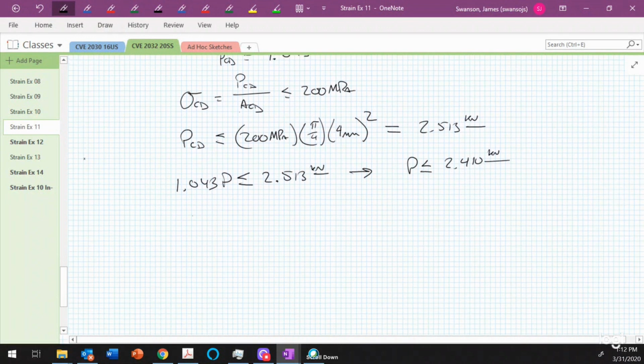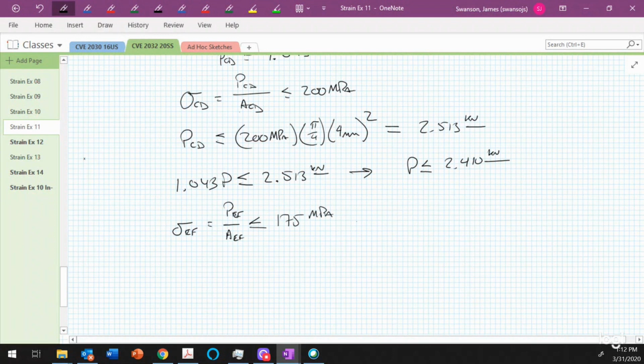Okay, let's look at the stress in wire EF. Sigma sub EF is equal to P sub EF divided by the area of the wire, A sub EF. And that has to be less than or equal to its allowable stress, which is 175 megapascals.